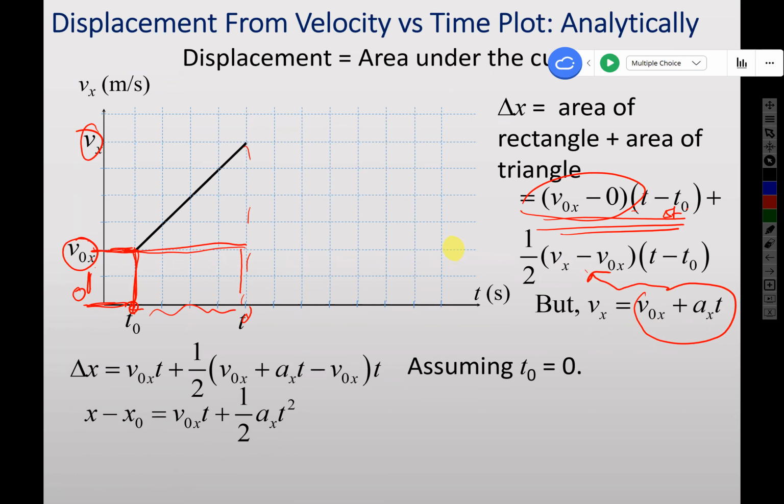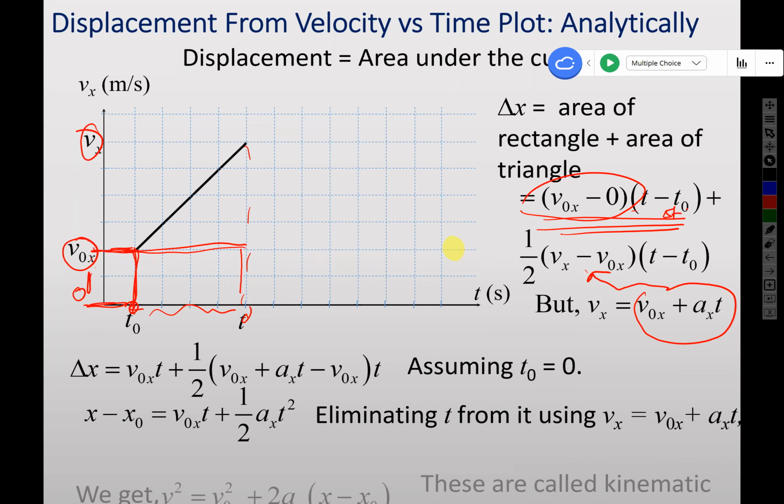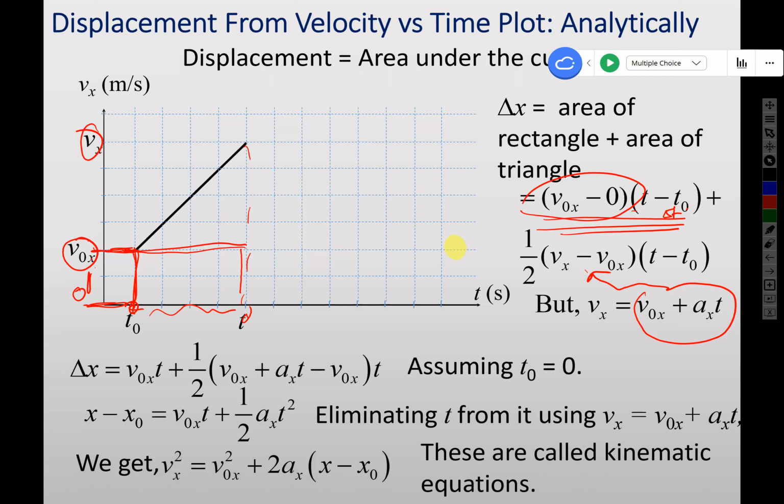If you can do this algebraically, if you can follow, that's great. If you cannot, that's fine too. But now remember, we have two more equations, this and that, okay? So all these make the kinematic equations.